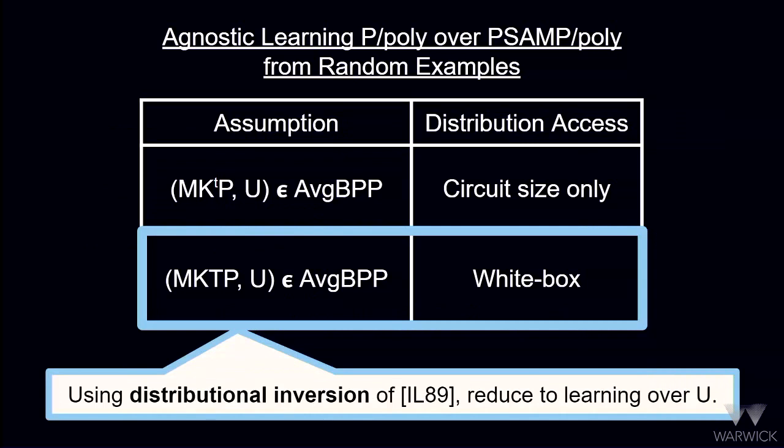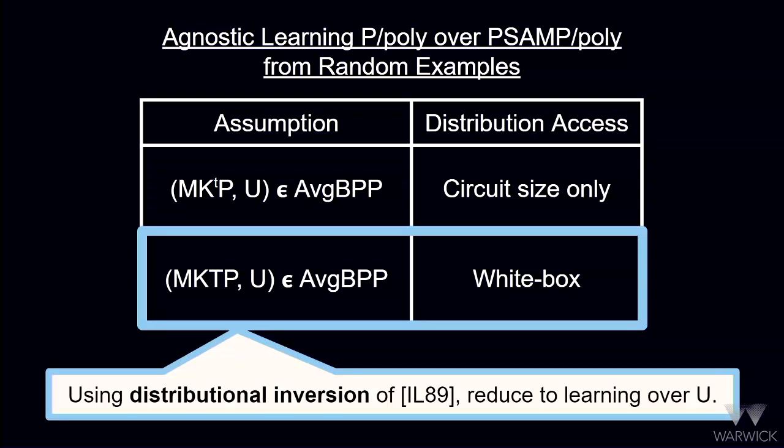For K capital T, I don't think I have time to say very much, but I just want to mention that in that setting, we don't have that worst case approximation algorithm that we have for K-poly. So we need something different. But one thing we know, which I actually already showed you, is that at least from this assumption, we can learn over the uniform distribution.